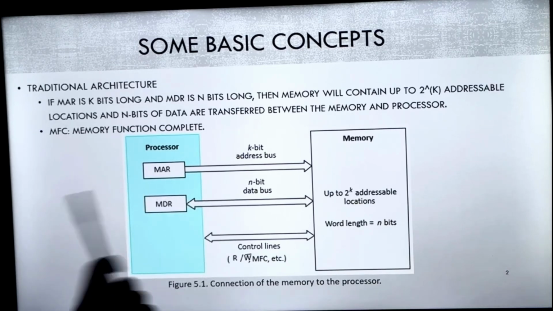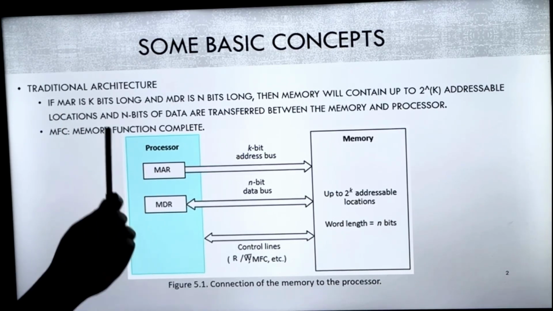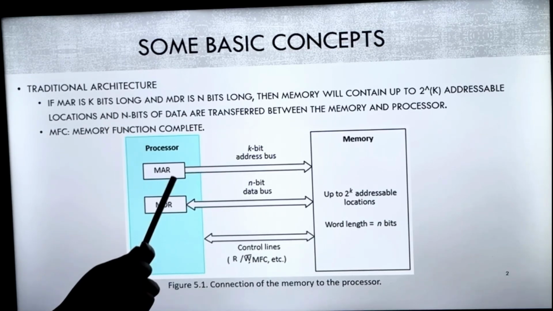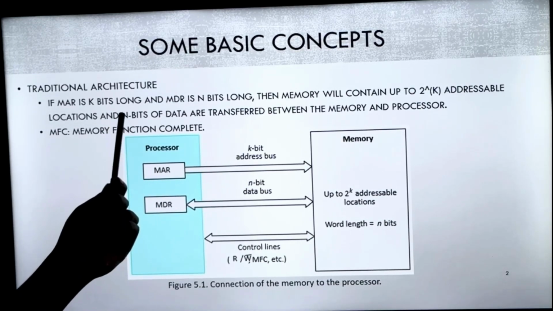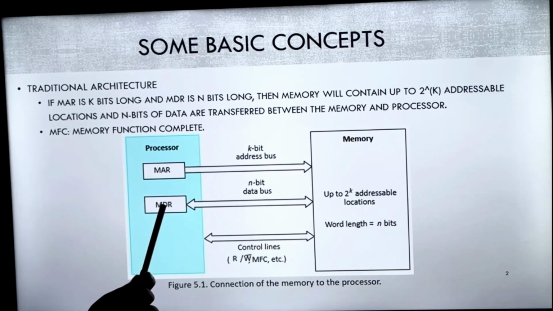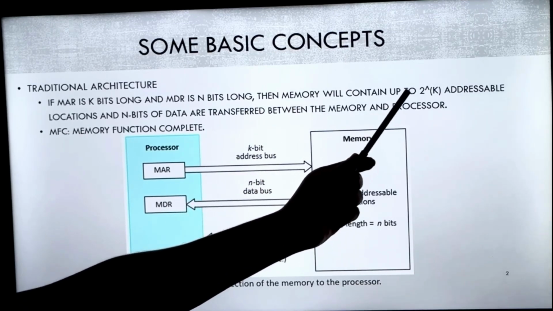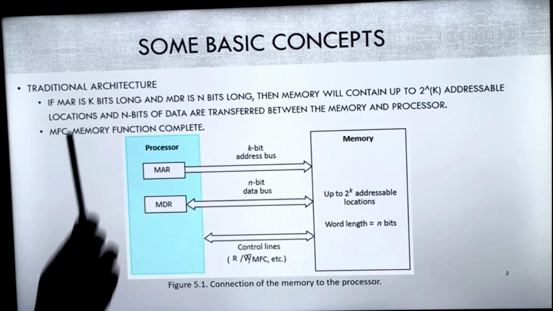Now, what is new in this slide? If your size of MAR is k bits and the size of MDR is n bits, then memory will contain up to 2 to the power k addressable locations.